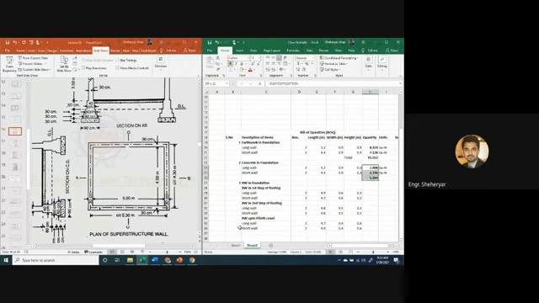Okay, now I'll copy these cells and paste here. Again paste it here, and again paste it here, and it is giving me the total quantity. Total.